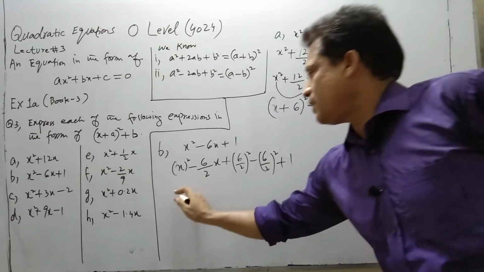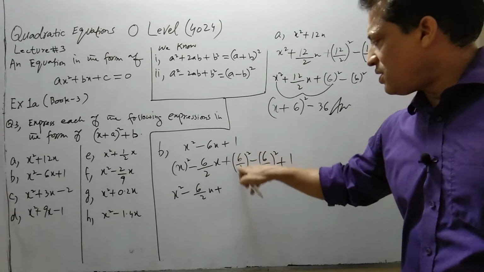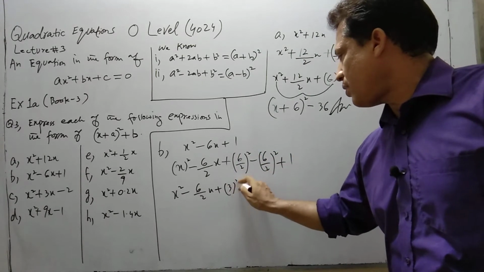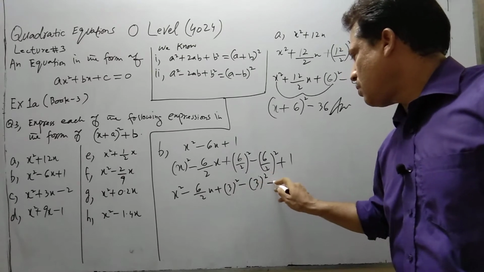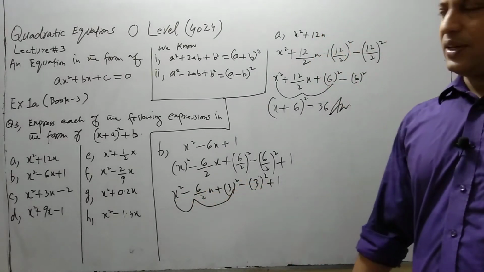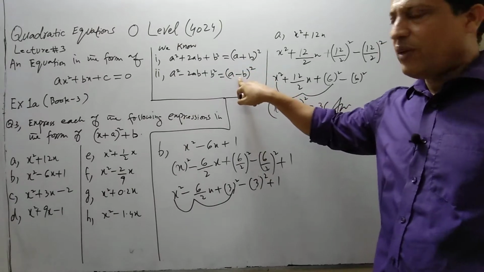And the next step is x square minus 6 upon 2x plus. If this 6 upon 2 is cancelled directly, 6 upon 2 is 3, square minus 3 square plus 1. What is this? a square minus 2ab plus b square. If this sign is minus, we have to apply (a minus b) whole square.